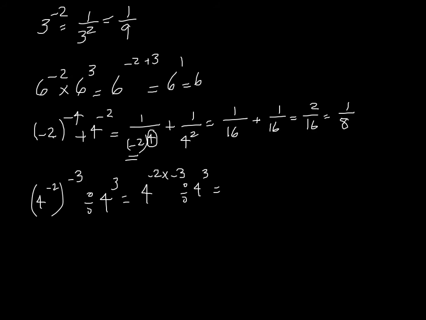Negative 2 times negative 3 gives you 6, divided by 4 exponent 3. Dividing powers with the same base, you have to subtract the exponents, so you get 4 exponent 6 minus 3, which is going to be 4 exponent 3, and this one gives you 64.